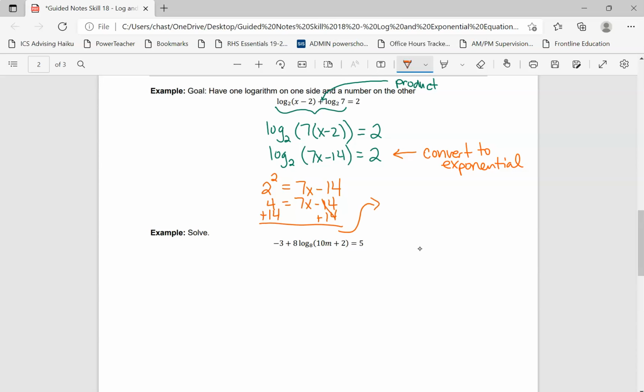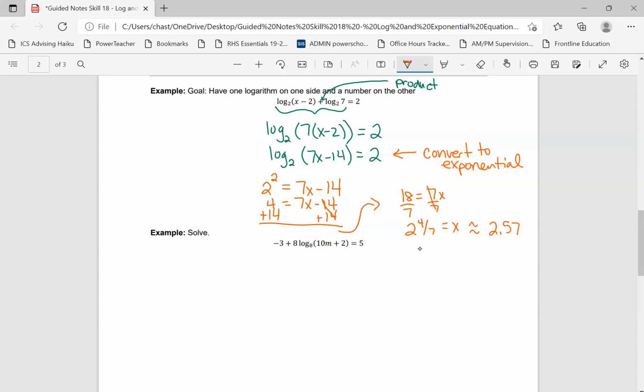And I'm running out of room here, so we get 18 equals 7x. Divide by 7, and let's see, 7 goes into 18 2 whole times with 4 7s left over. Or if you just used the calculator and did that, you would have about 2.57.